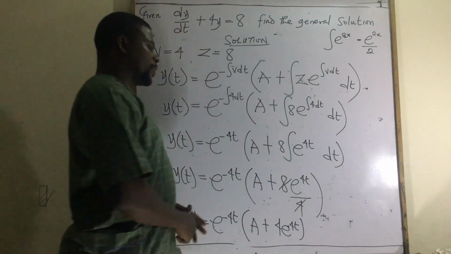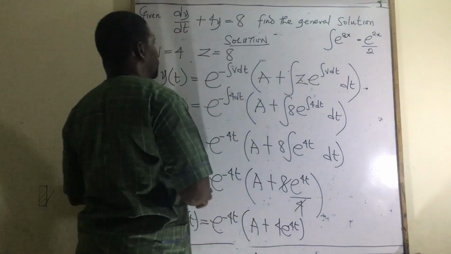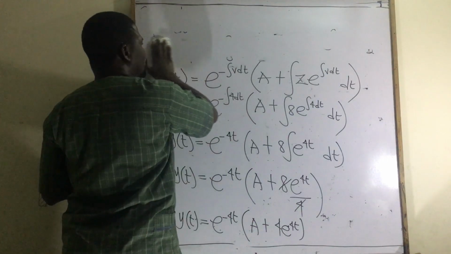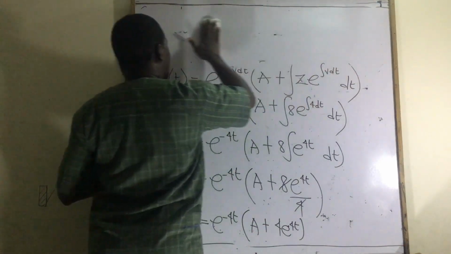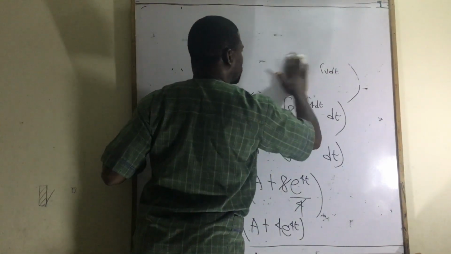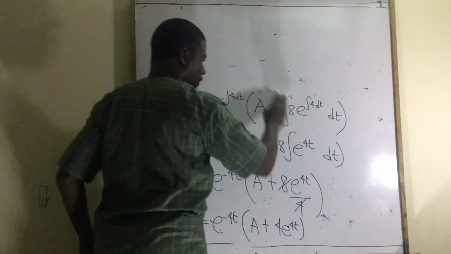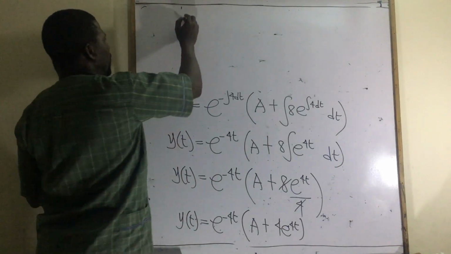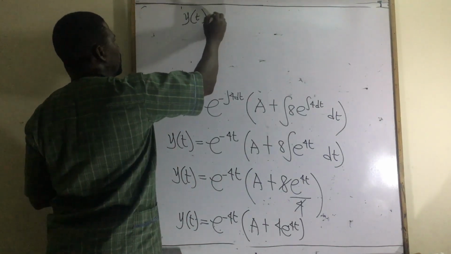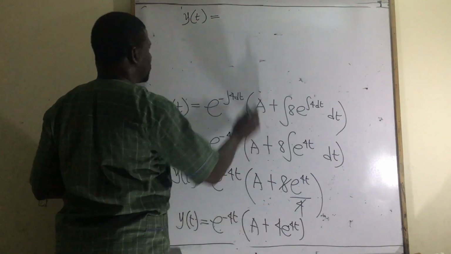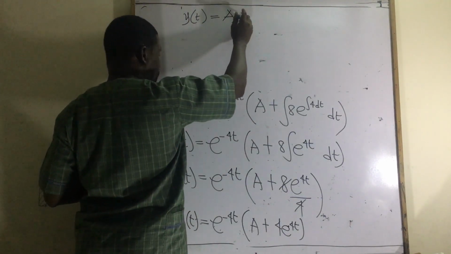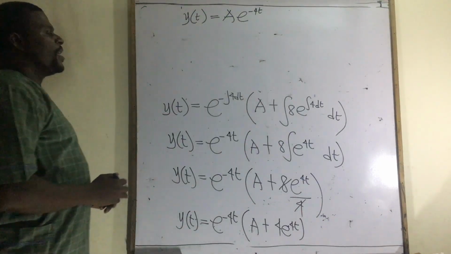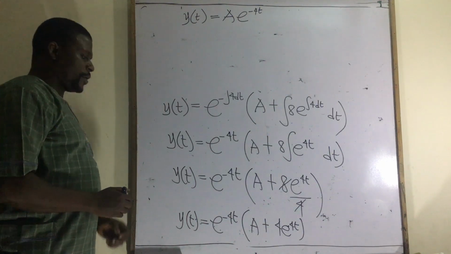I don't have enough space, so I'm going to clean this. Now after I have gotten here, the next thing I'm going to do is to say that y(t) equals, open the bracket, this times this will give me a e^-4t. A e^-4t.